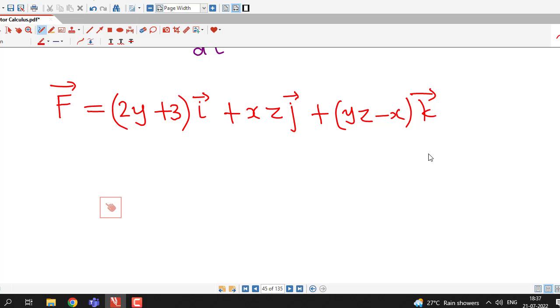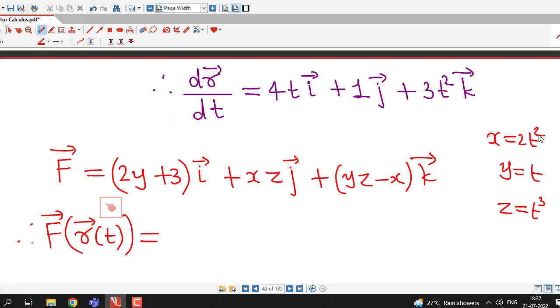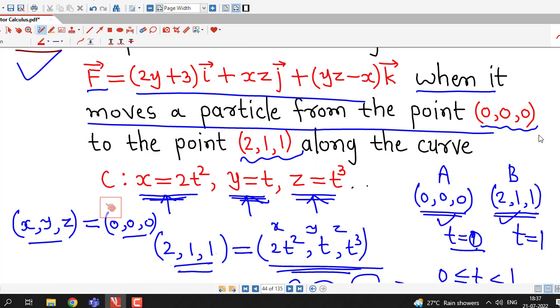Now we have to convert this f bar in terms of t. That means we have to decide what is f bar of r bar t. For that we will replace x by 2t square, y by t, and z by t cube. So we are using the given parametric representation.